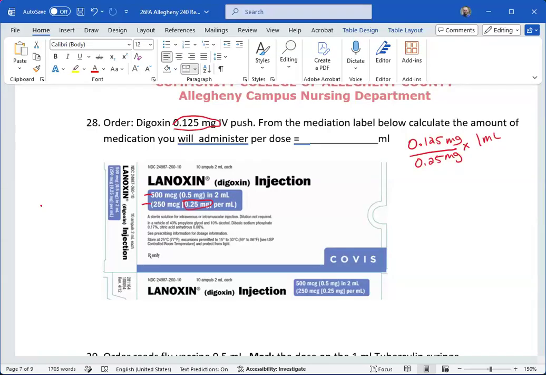Per ml is the same thing as times 1 ml. If you're going to use the 0.5 milligrams, just make sure you multiply by 2 ml. Don't do 0.25 milligrams and 2 ml. I've only really seen 110 students make that mistake. But if you've made that mistake in the past, just make sure you don't do that.